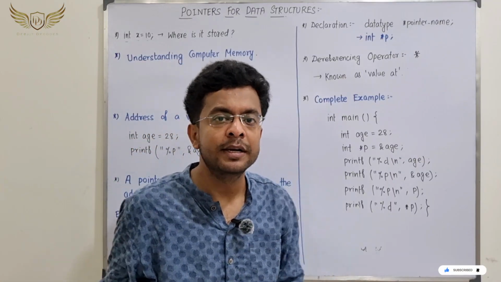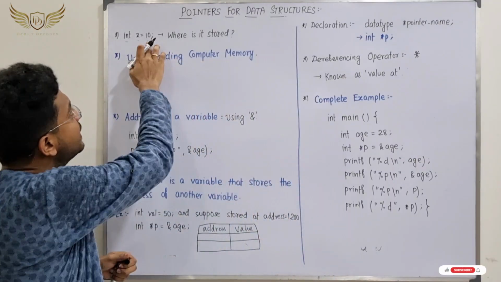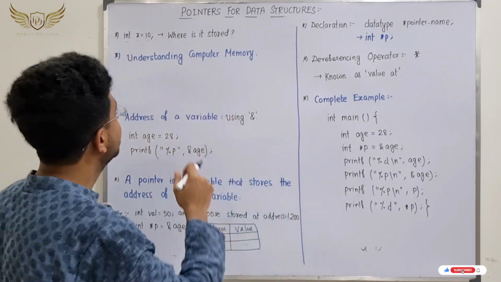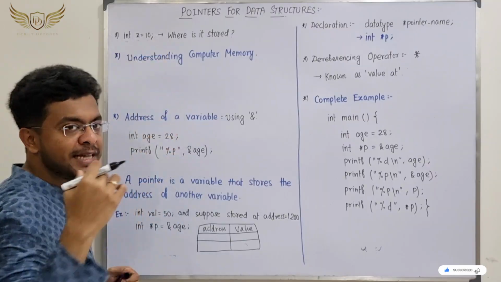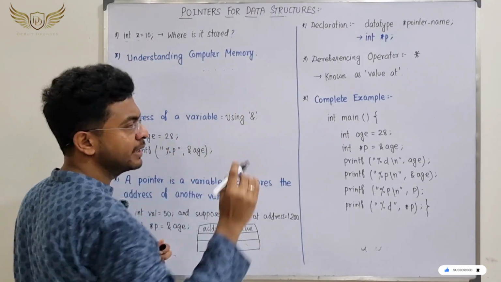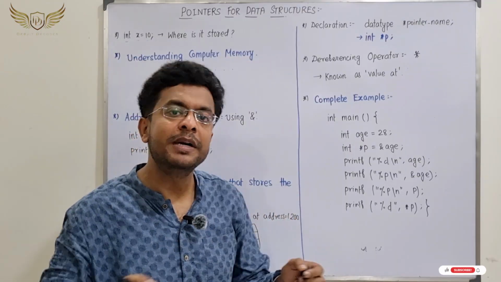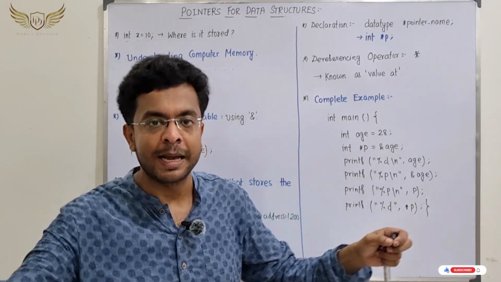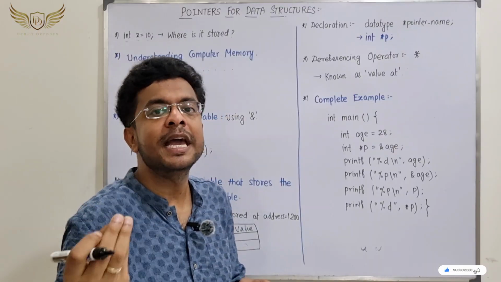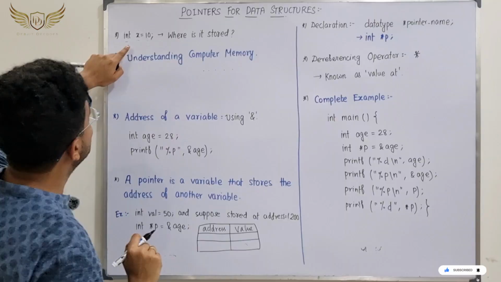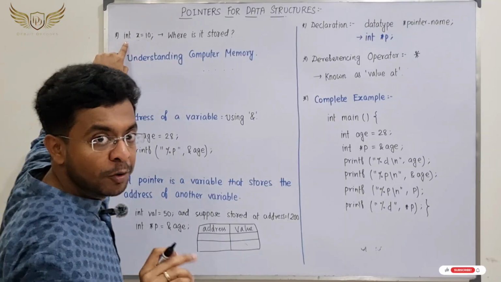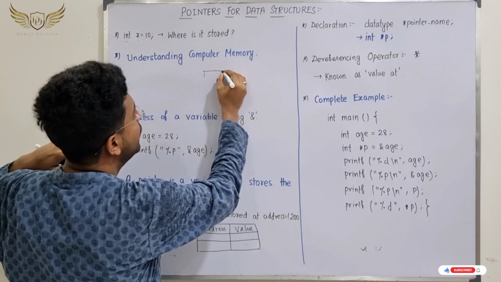If I ask a student where this 10 is, they say it is inside X. But the complete answer is this: in RAM there are a huge number of blocks available depending on the RAM size, and you can visualize each block as having 1 byte. Then to store X's value 10, because it is of type integer, it will take 4 bytes, so we need this kind of 4 bytes.